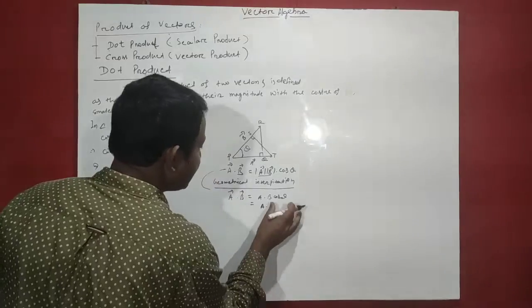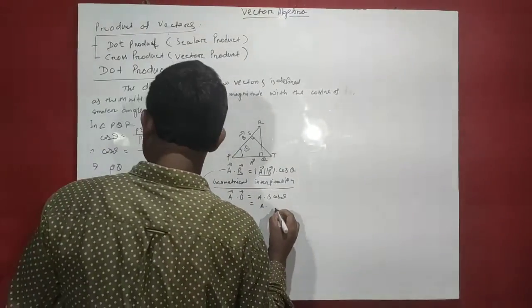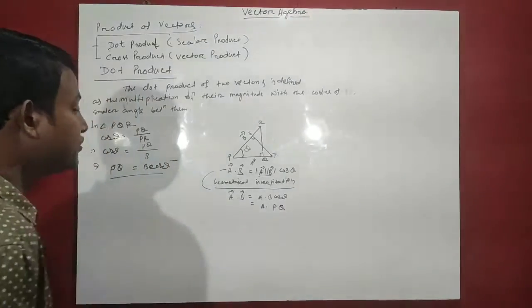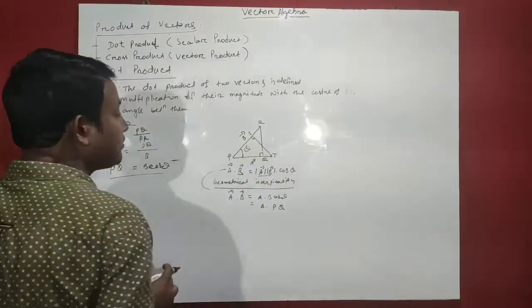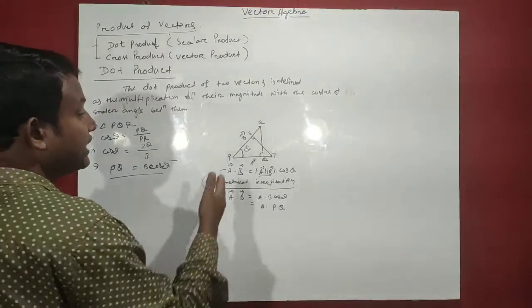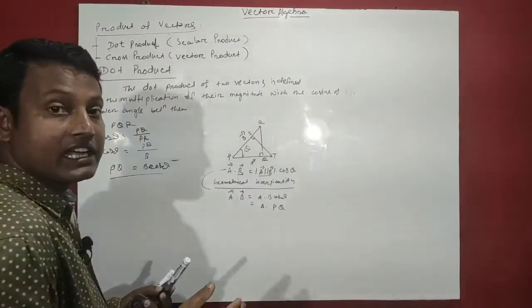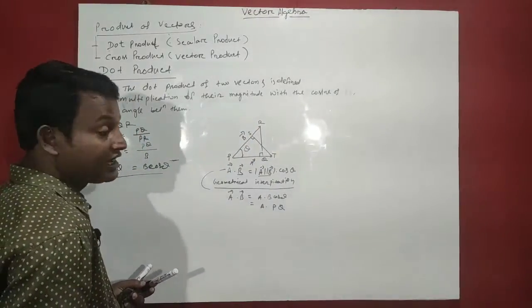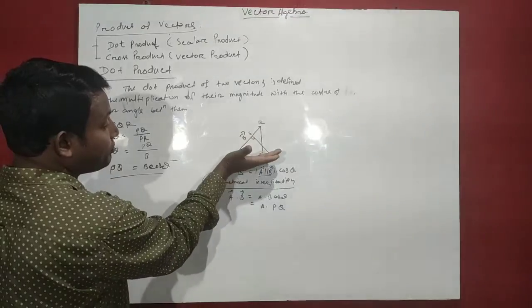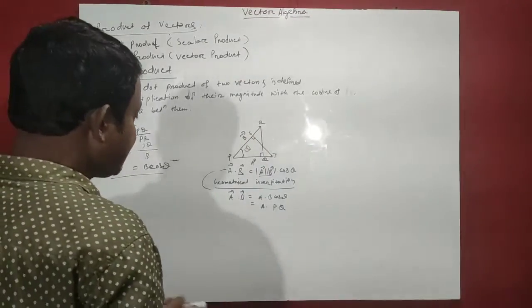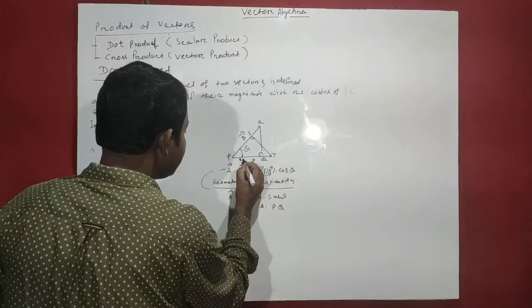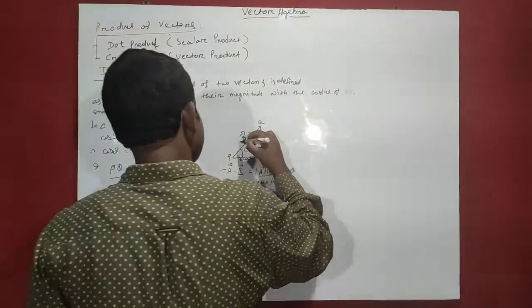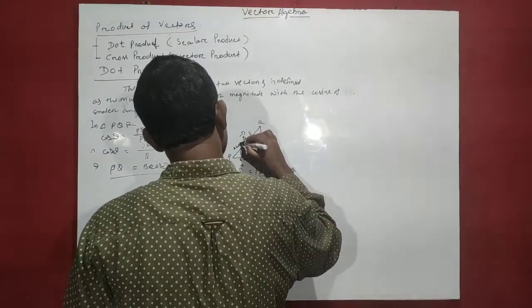A dot B can be written as A times PQ. What is PQ? PQ is the component of B along A. PQ is the component B cos theta. This is B cos theta.